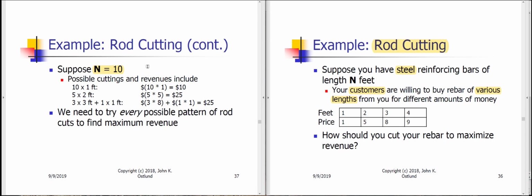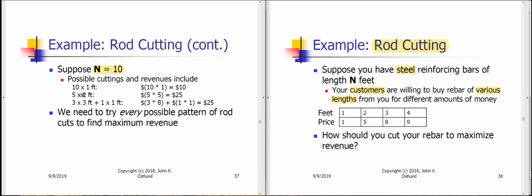There are many, many different ways that we could cut up that 10 feet. For example, we could create 10 1-foot pieces of rebar. And we know from our customers that they'll be willing to pay us $1 for each of those 1-foot pieces. So 10 times $1 gets us a total of $10 for that way of cutting up the rebar.